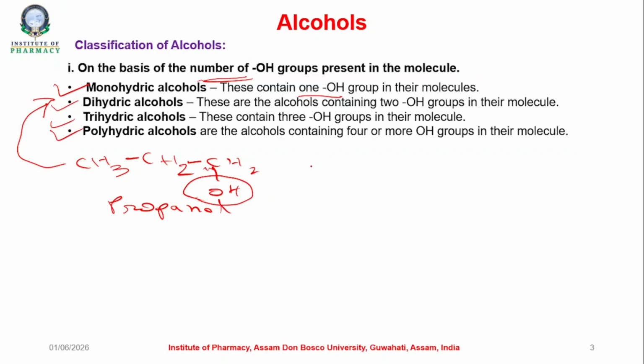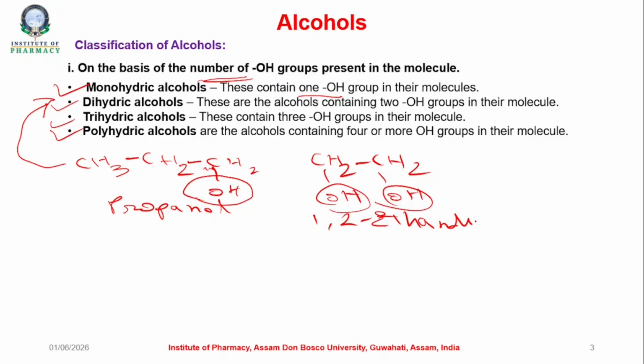Now if we see another example, for dihydric alcohol, let's say for example this. Here we see it has two OH groups, so we can name it as 1,2-ethanediol. So this is an example of a dihydric alcohol. Similarly, for trihydric, we can take this as an example.